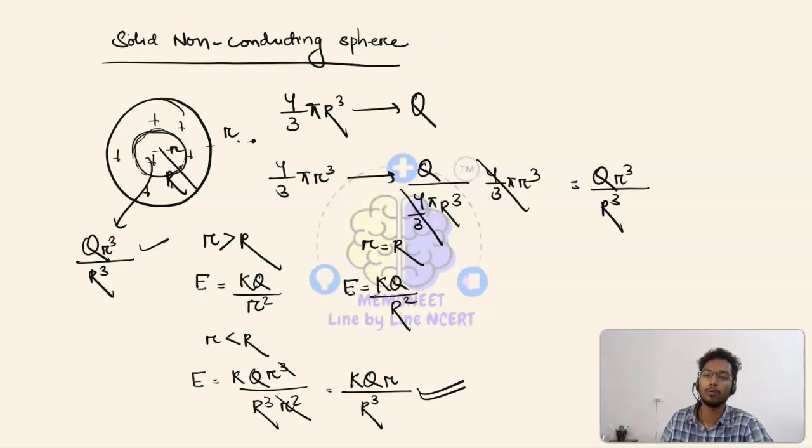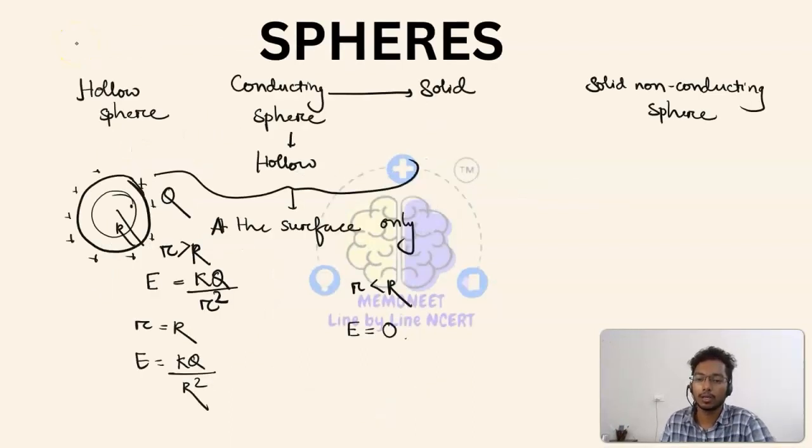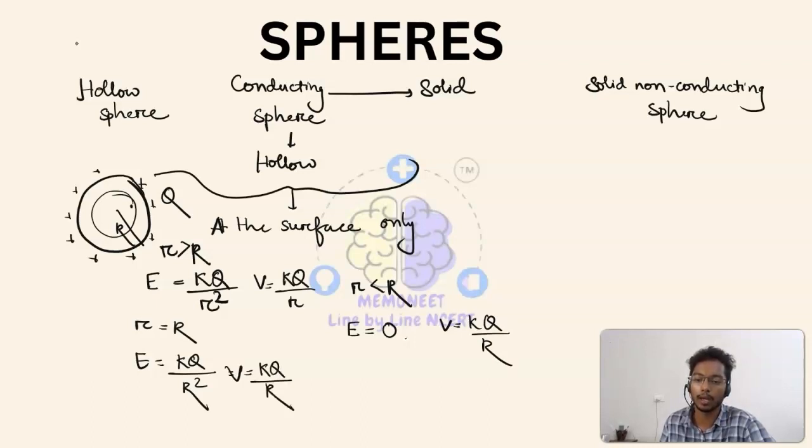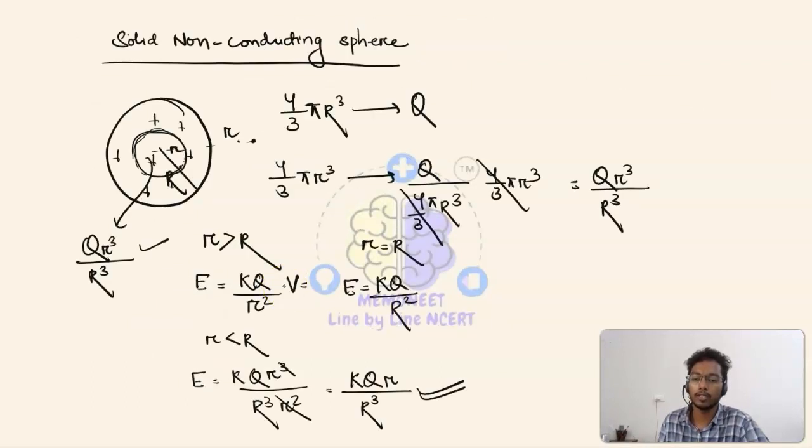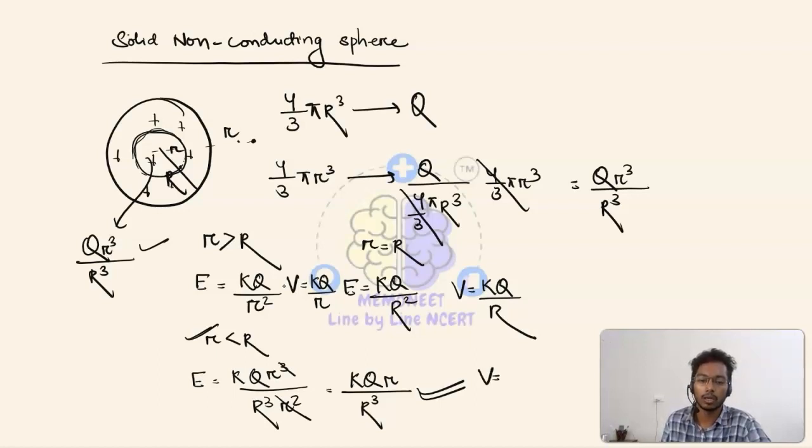Now let's look at the potential. For r greater than capital R, potential V equals kq upon small r, and for these two we have potential V equals kq upon capital R. But in this case, when the point we have taken is inside, r less than capital R, the radius of the sphere, the potential will be kq upon 2R cube times (3R square minus r square).